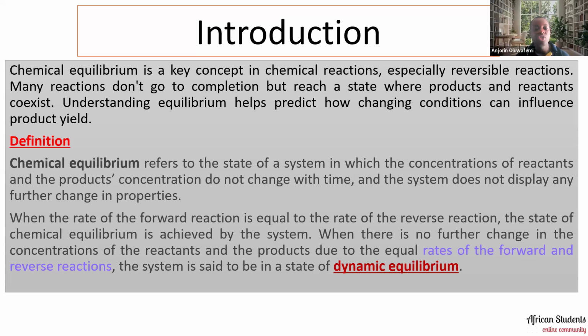When there is no further change in the concentration of the reactants and the products due to the equal rate of the forward and reverse reactions, the system is said to be in a state of dynamic equilibrium.